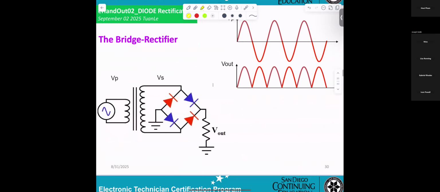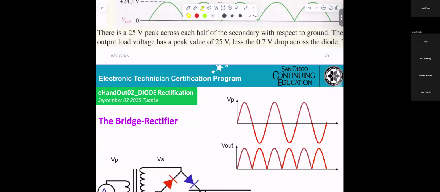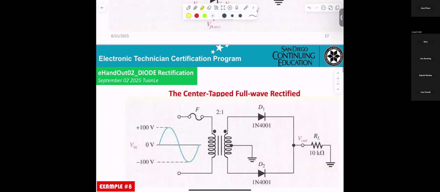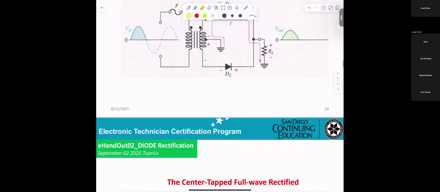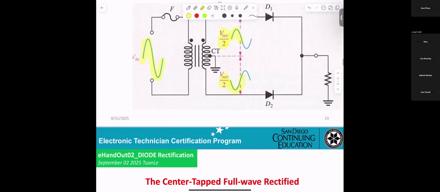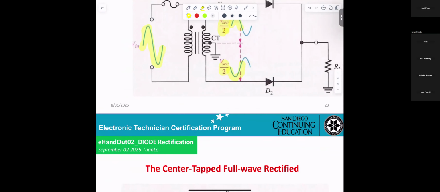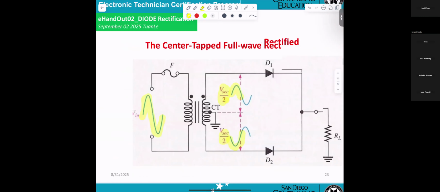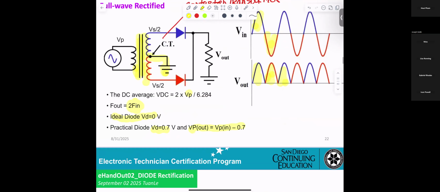And now, the same full wave rectifier. Okay, this is a center tap full wave using the transformer.